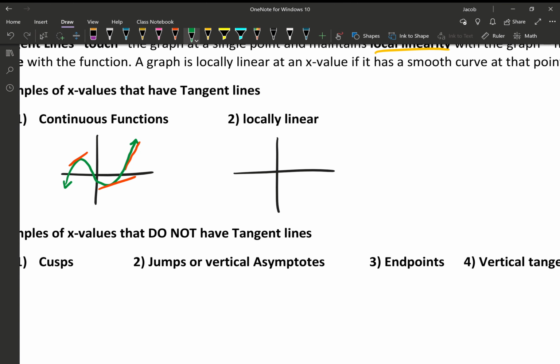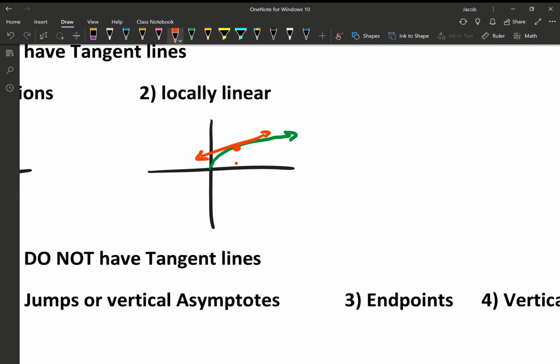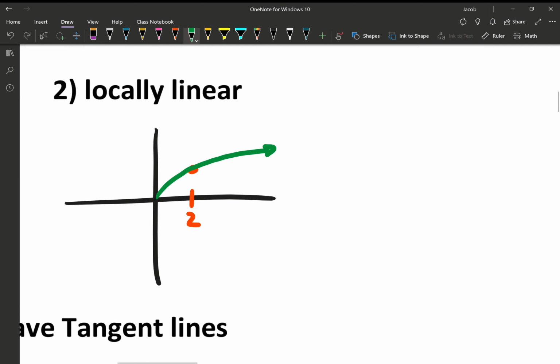Some parts of other functions, like this square root of x, the point maybe at x equals 2, is locally linear, meaning if we were to zoom in really close on the value showing up at 2 for radical x, and I can't zoom in too far, but it would look like a line.